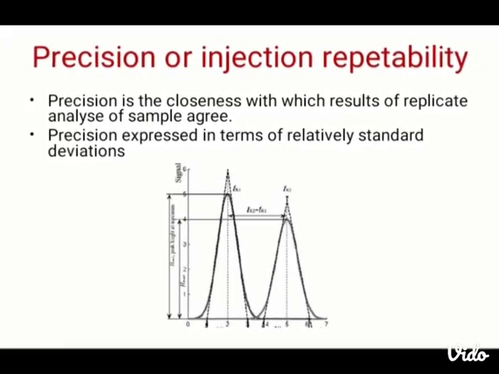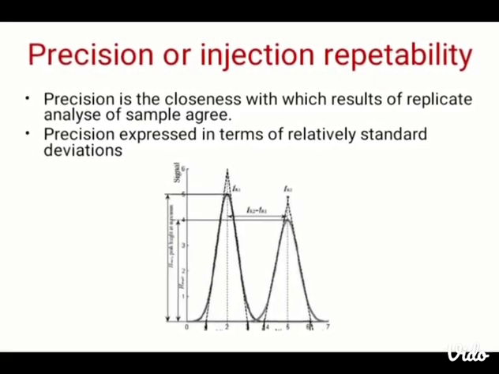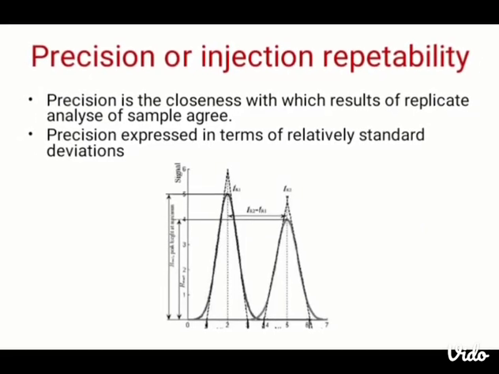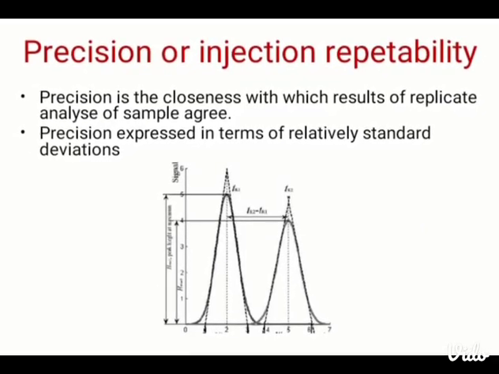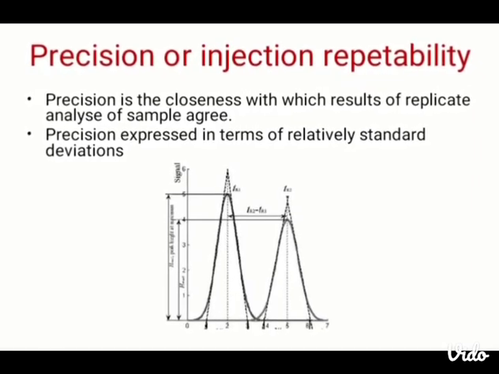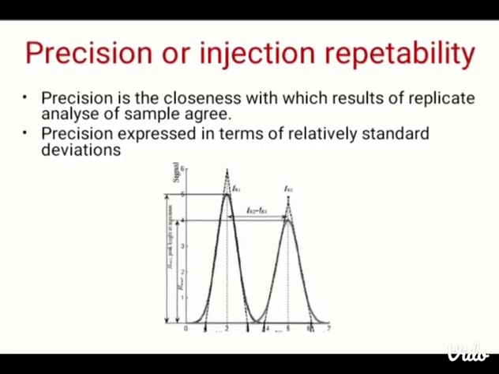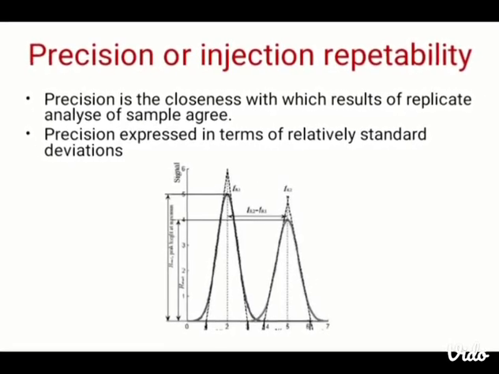The next factor is the selectivity factor, or the relative retention. It describes the separation of two species on the column. The relative retention of two peaks in the chromatogram is also called selectivity, because it is the separation of the two species on the column.